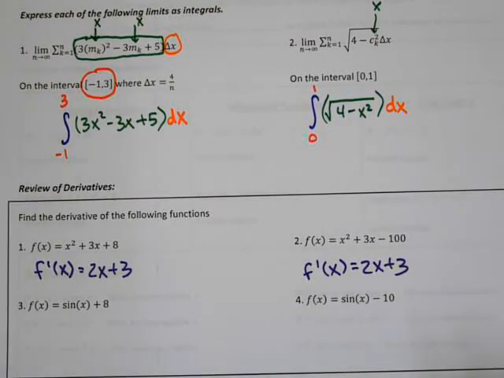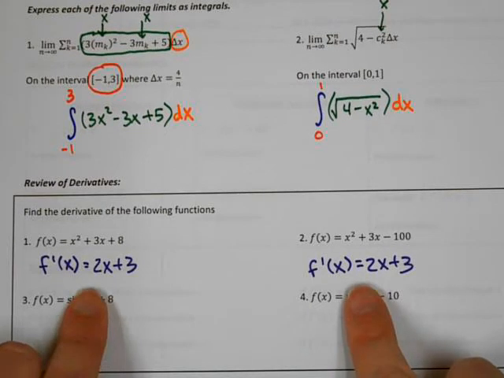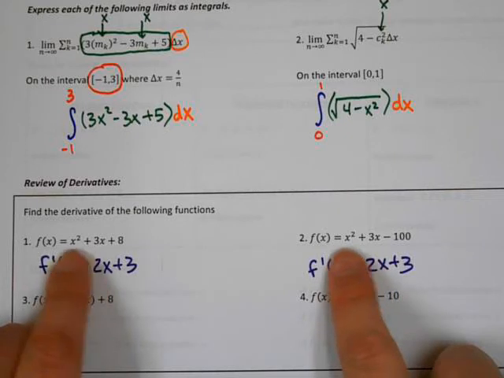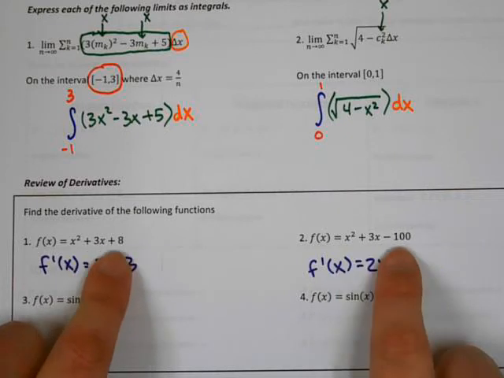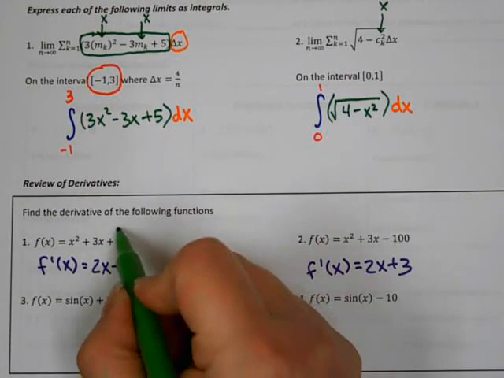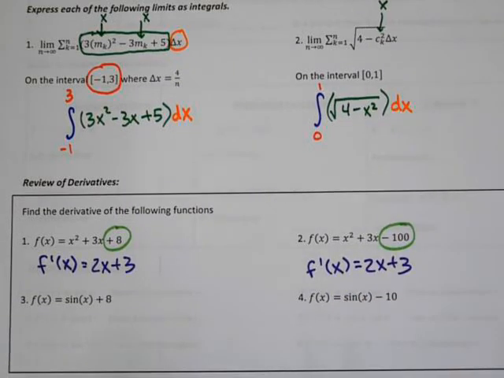So what I need you guys to pull from this is that those derivatives are exactly the same. But look at the original functions. They are not exactly the same. They start out the same, but what we can notice is that they actually differ by this constant. So number 1 had a plus 8, and number 2 had a minus 100. But when we take the derivative, those constants disappeared.